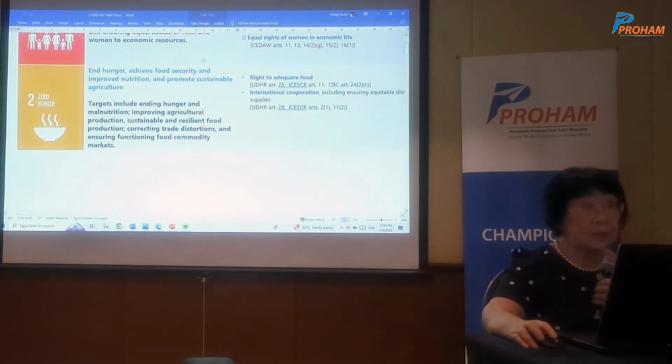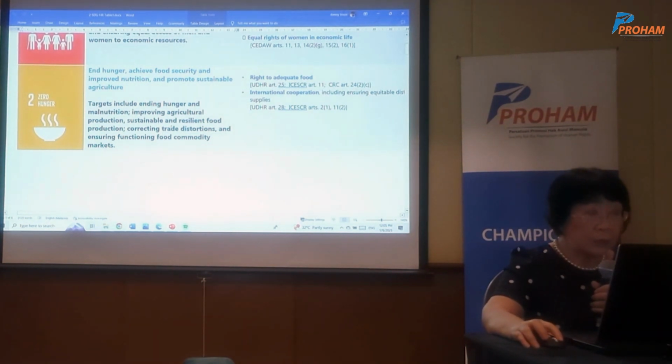About 20% of our children suffer malnutrition, about 20% suffer stunting, and of course we have the highest rate of obesity, diabetes, and other non-communicable diseases. Stunting and malnutrition among children is very serious because they will be impacted for life. Once you're stunted, the brain cannot work as normal, and they are affected physically and mentally.